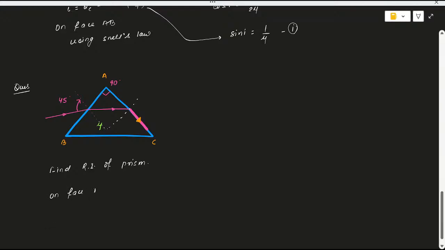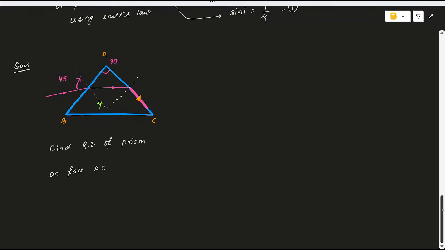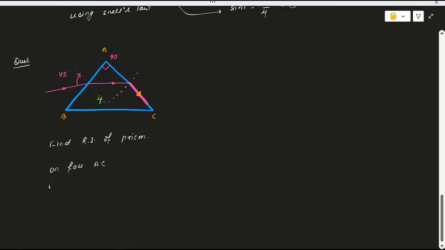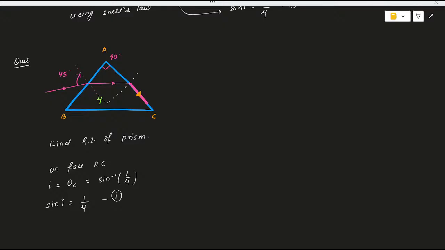You keep solving. I'm just writing. Is it the first equation that you have made? Okay, good, brilliant.